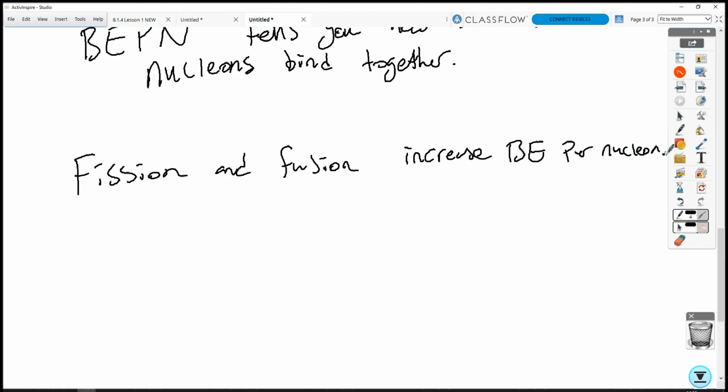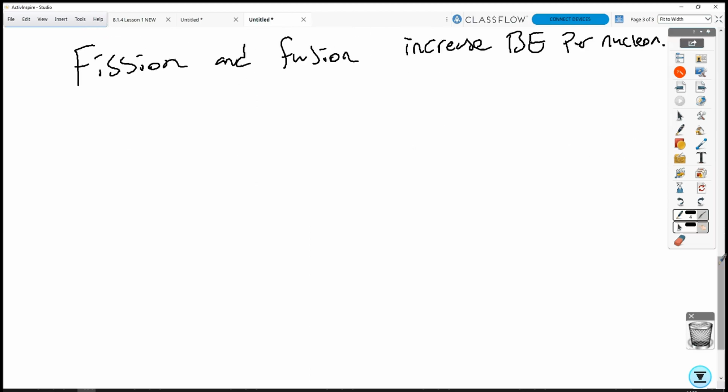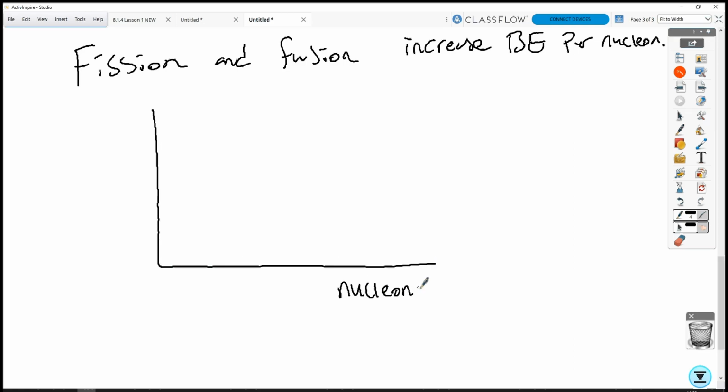I'm going to use some shorthands because it turns into quite a lot of words to start writing binding energy per nucleon over and over again. So there's a graph that describes this. We'll put the nucleon number on the x-axis.